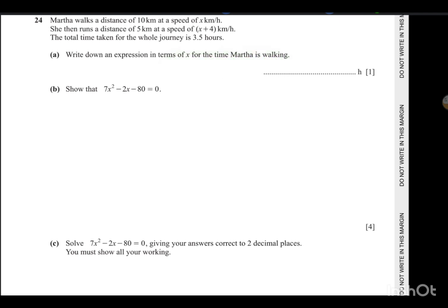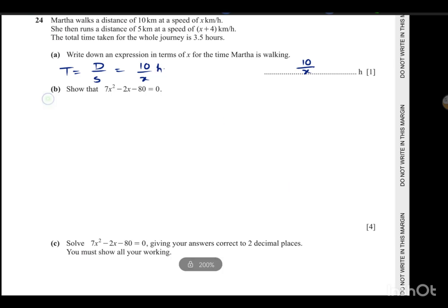Time is equal to distance by speed. When she is walking, the distance is 10 kilometers and speed is x. So just substitute: 10 by x hours.